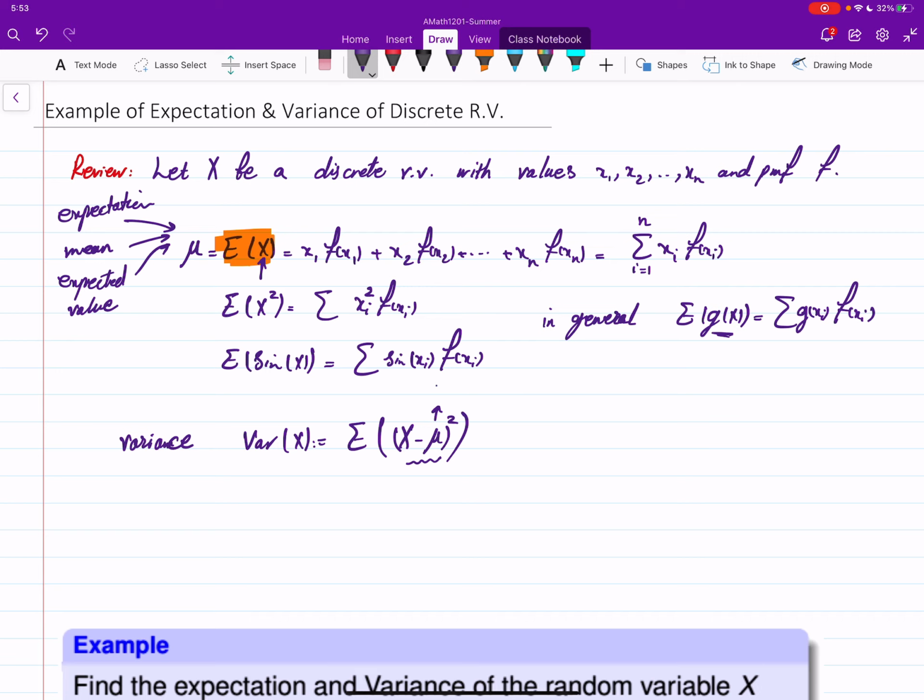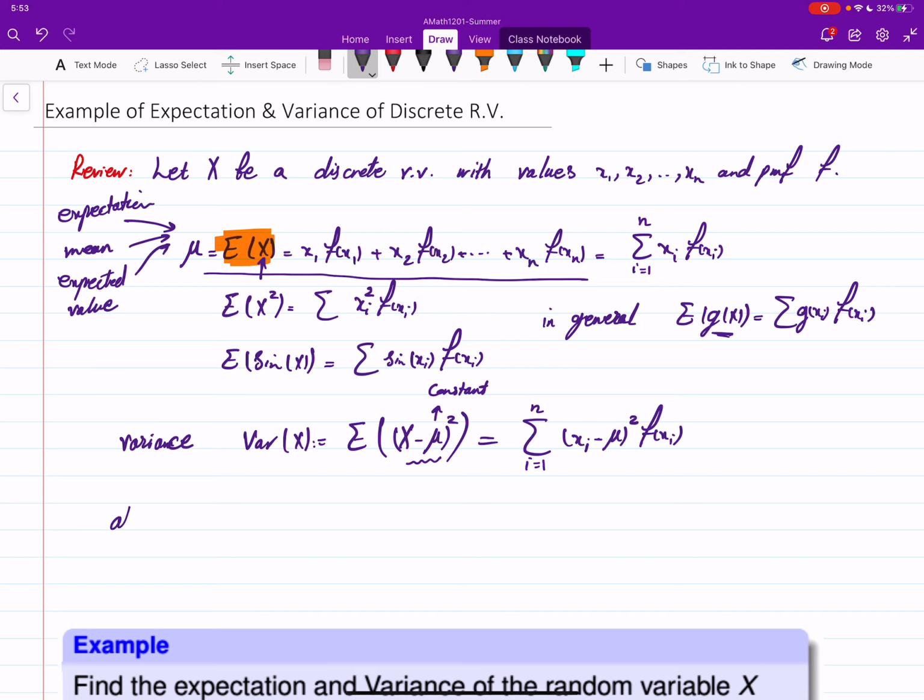Mu is a constant. Remember that. Although to calculate that constant we did a lot of work, now it is a constant. So X minus a constant, squared. What does that mean? I have to subtract mu from every single value of X, square them, multiply each one by the corresponding PMF, and then add them.